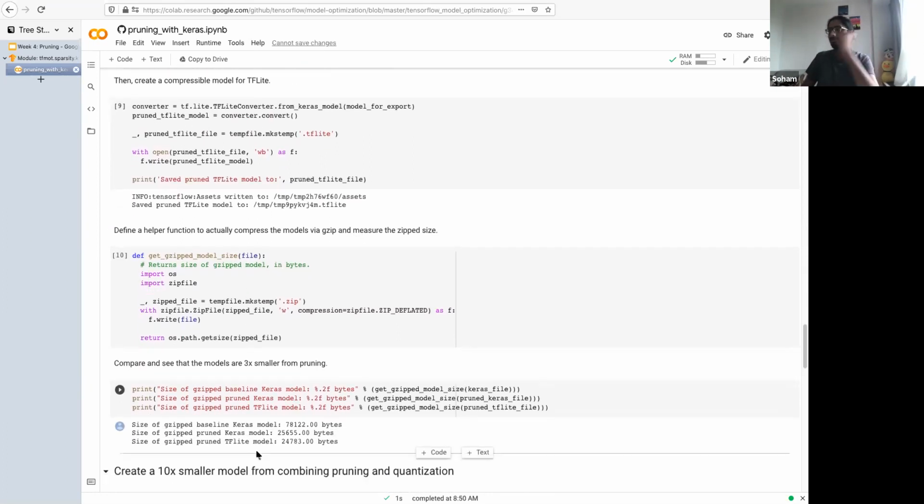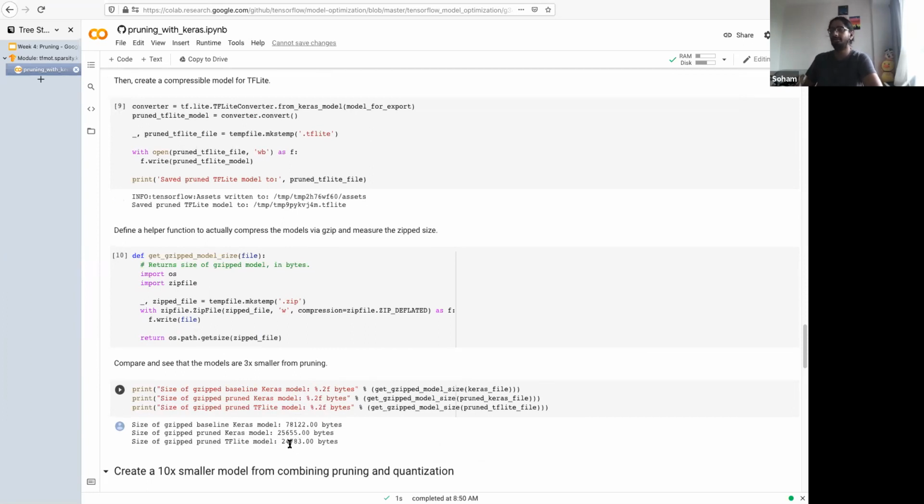And you can see that our original Keras model was like 78,000 bytes. And after we convert it to TF Lite and save it as a zip file, we're saving like 3 times our memory.